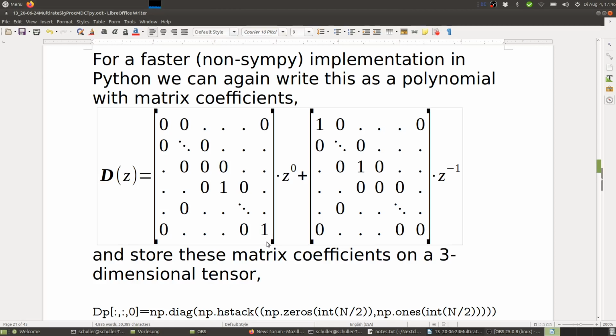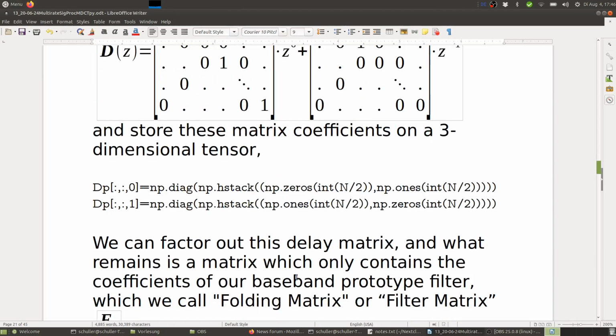And these can be stored in a 3-dimensional tensor in Python. For instance, like this. Here again the third dimension is used for the exponent of z. Here we have a diagonal where we have 0s in the beginning and 1s in the end as the coefficient for z to the 0. And here we have a diagonal which starts with 1s and ends with 0s for the coefficient for z to the minus 1.